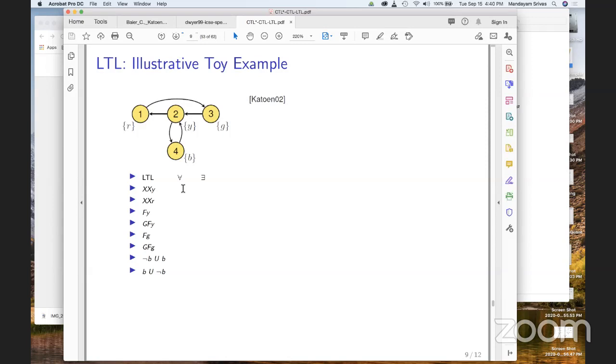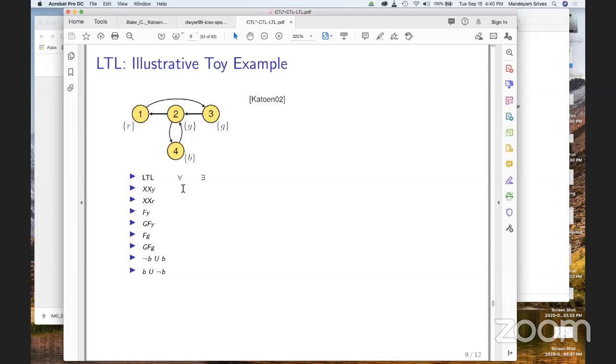Yes. So it is true next to next. It's not true in 1. It holds in 2. Correct?